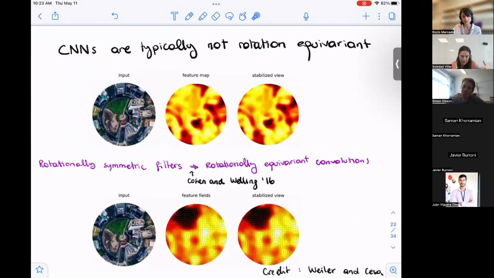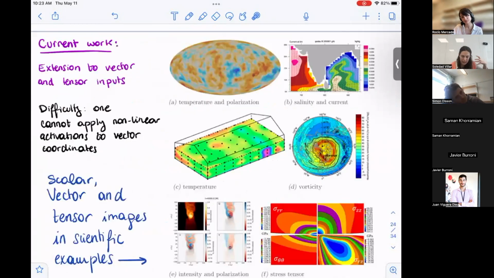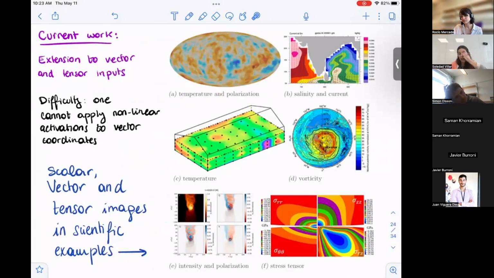And so basically the idea that we have is to work on tensor and vector images that are motivated by scientific applications. For instance, this is an ocean dynamics problem, and this is a polarization problem.